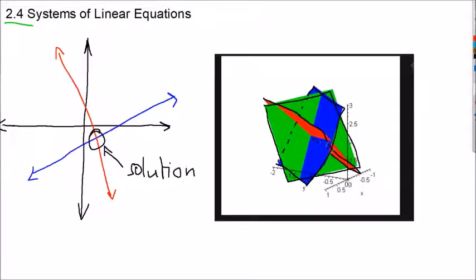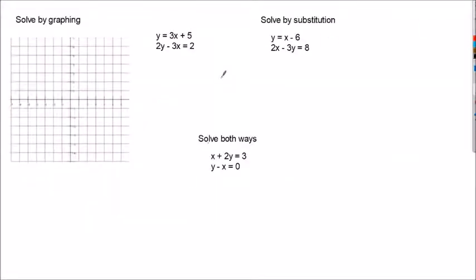You can see that they cross at one particular point, and that point is right there. Everything comes into this one point. So these three planes have one solution. So there's a system of equations.